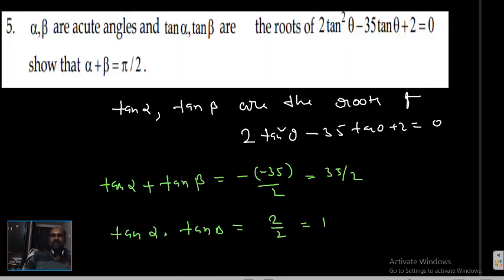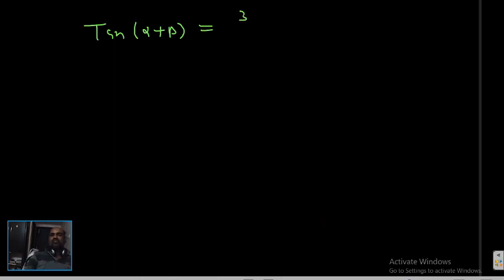Okay. I want to find tan of alpha plus beta. Tan alpha plus tan beta, that is 35 by 2, by 1 minus tan alpha tan beta, which is 0. What is the meaning of that?